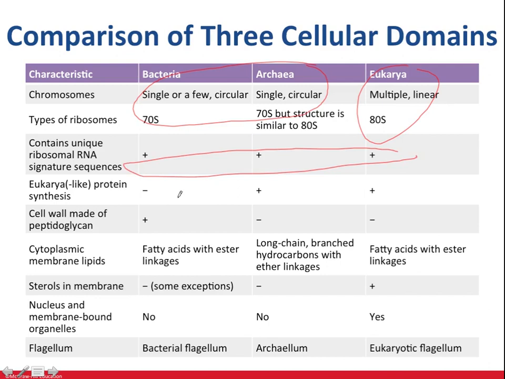Eukaryote-like protein synthesis: actually, we can see the archaea is similar to eukaryote. That's because archaea had to live in extremely hard, tough conditions, so they have to have more genetic information to get more complicated features to live in such tough environments.